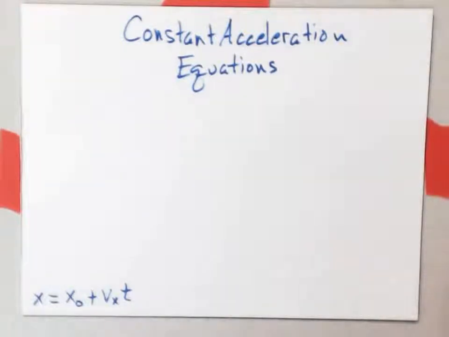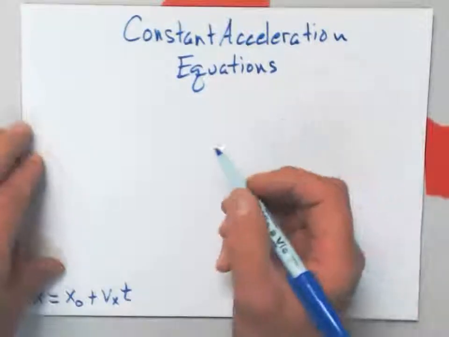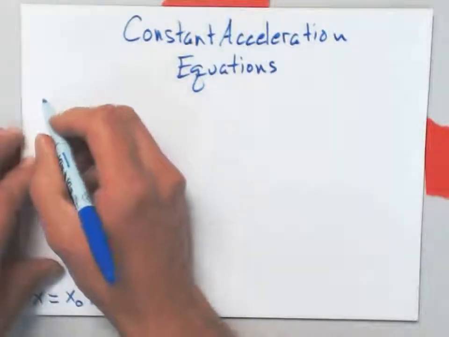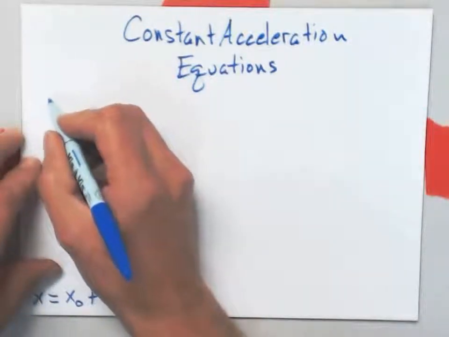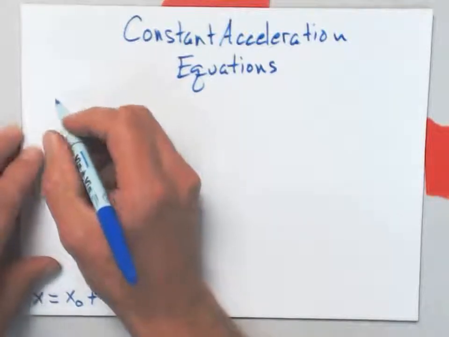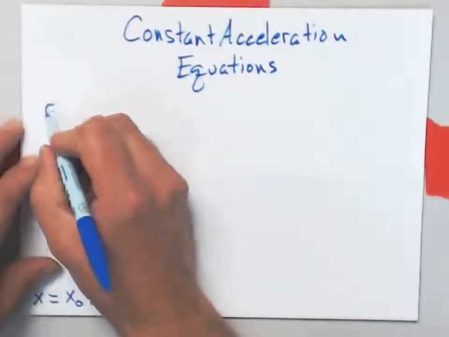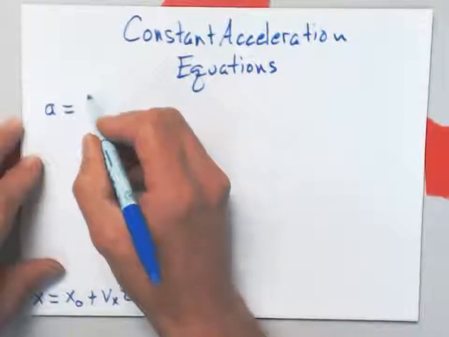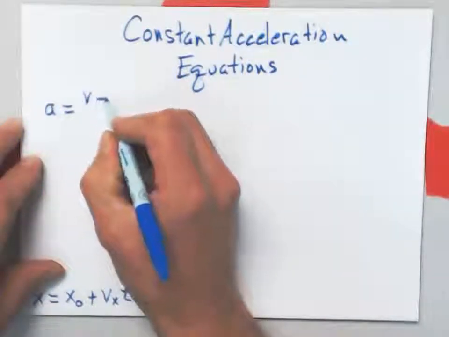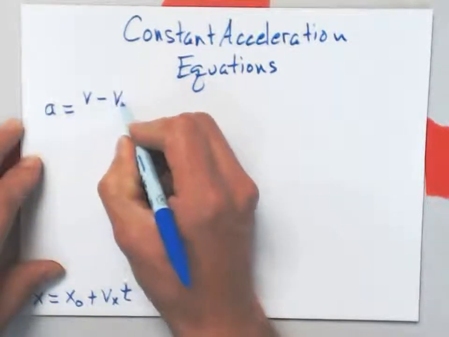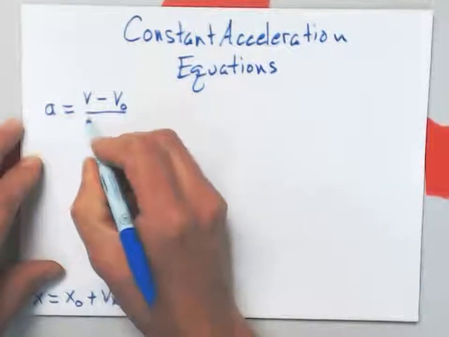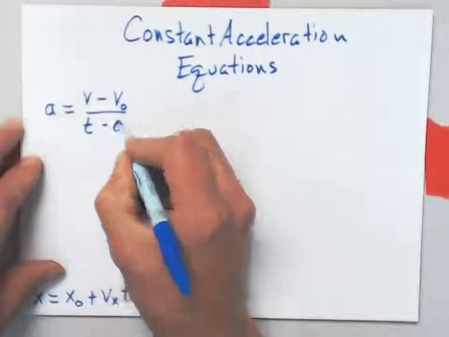Let's see what the ones look like for constant acceleration. First of all, we'll start off with an expression for the change in velocity when we do have constant acceleration. The acceleration will equal v minus v naught over t minus 0.